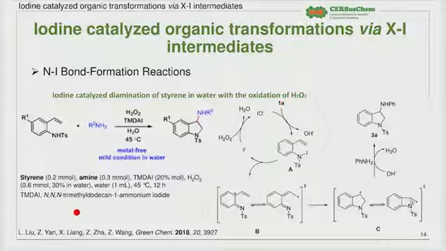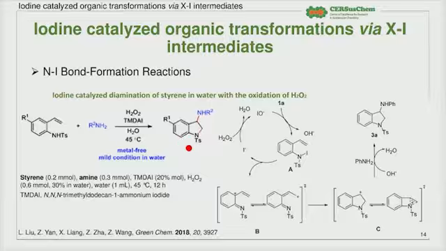So they use TMDAI, which is trimethyl dodecane ammonium iodide, as a catalyst to get access to dihydroindole moieties.